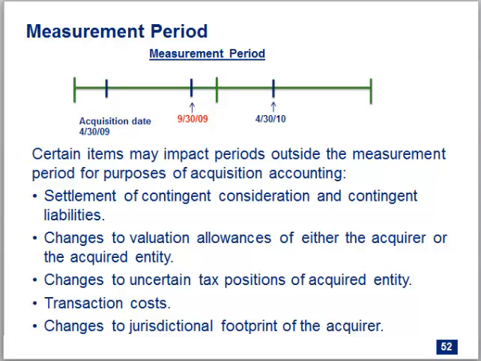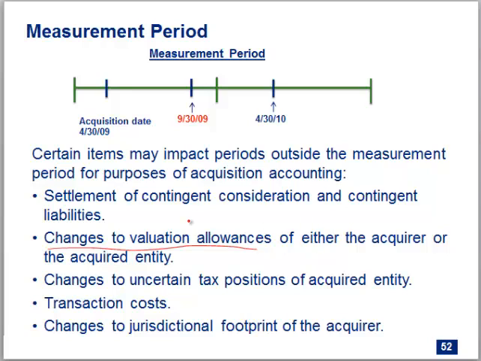There are other things like, so measurement period, anything that happens within a year of a deal doesn't automatically mean it goes back to purchase accounting. Okay? So let's say, for example, that you had a change to a valuation allowance. Okay?